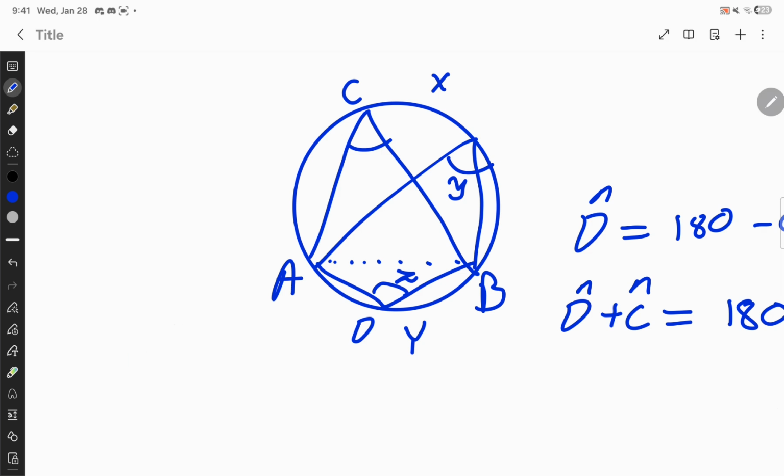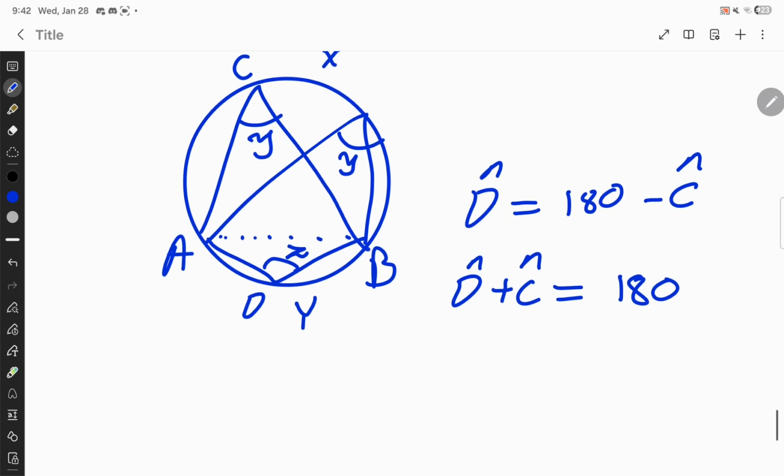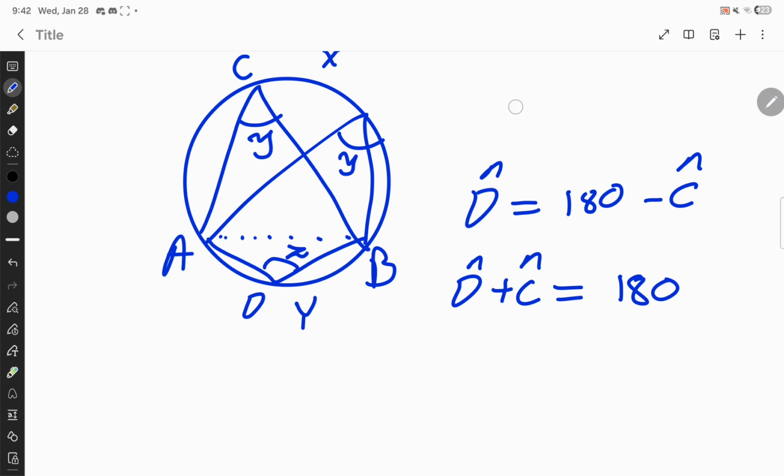You can see how many cat ear shapes you find, and then you will know all of those cat ear shapes have the same angle made at their apex. Once you do that, you can use the cyclic quadrilateral rule, which is this, and then find z like so.